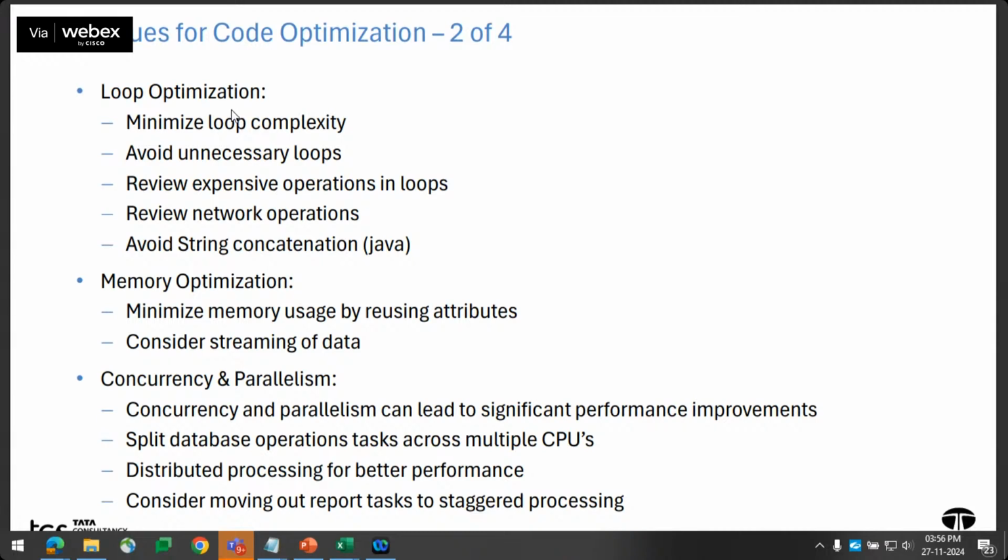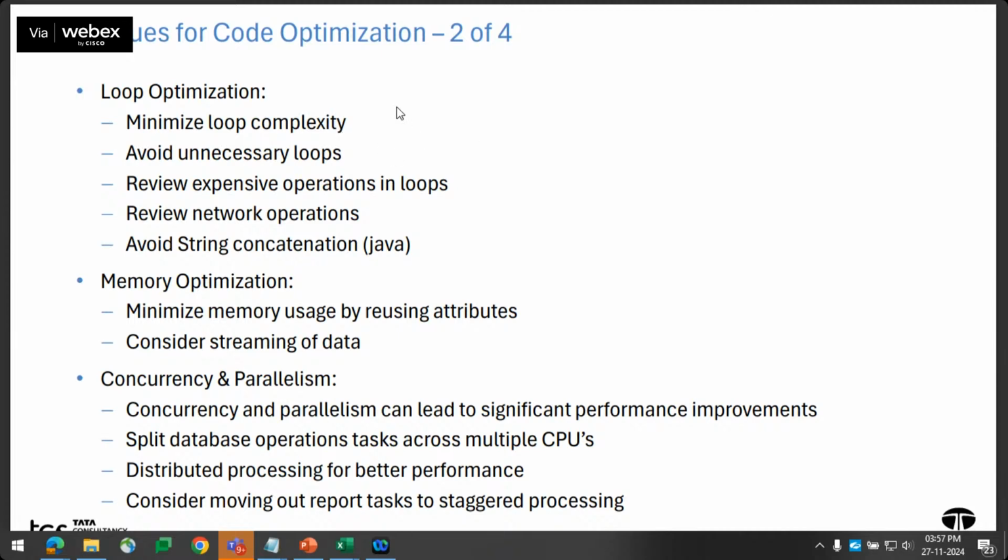If, say, we are looping through 10,000 records for one user, it is 10,000 times it went through that data. But if, as I was saying, for a Diwali sale, 1 million customers would be coming, then multiplying 1 million by 10,000 loops becomes very inefficient.